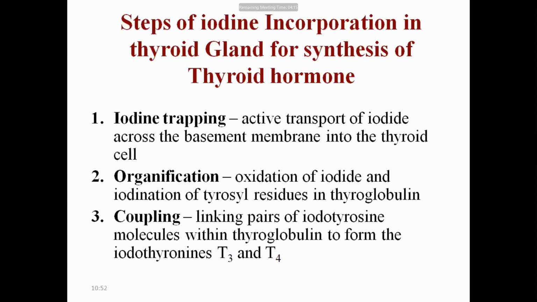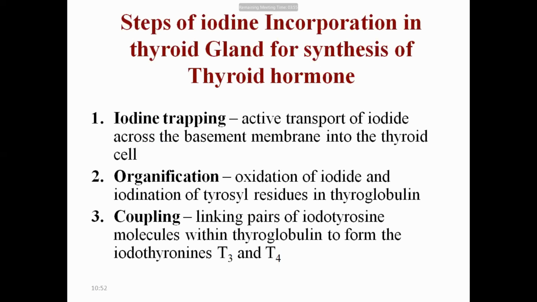First one is iodine trapping. Iodine trapping is the active transport of iodide across the basement membrane into the thyroid cell. So from blood to the thyroid cell is called iodine trapping.